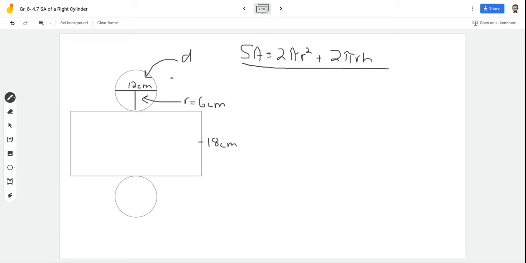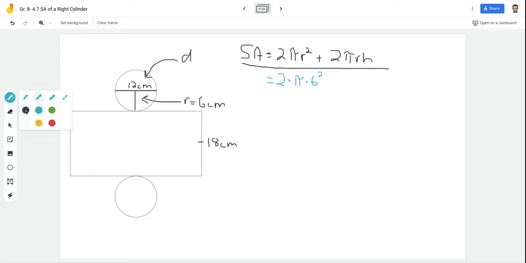Once we have that in there, we can plug these numbers into our formula. Now the first part of the formula right here is the 2 pi r squared, which refers directly to the area of the circle parts of the cylinder in this net. All right, so in this case here, we have 2 multiplied by pi multiplied by 6 squared.